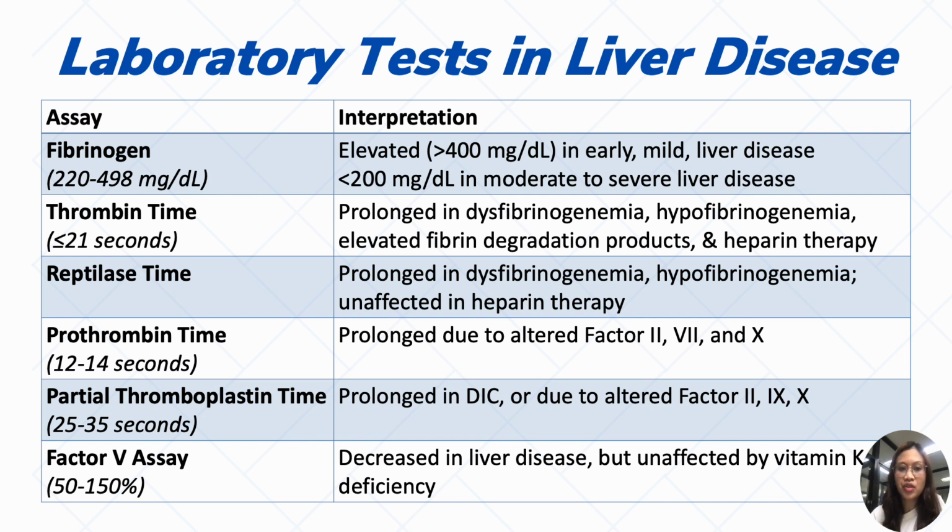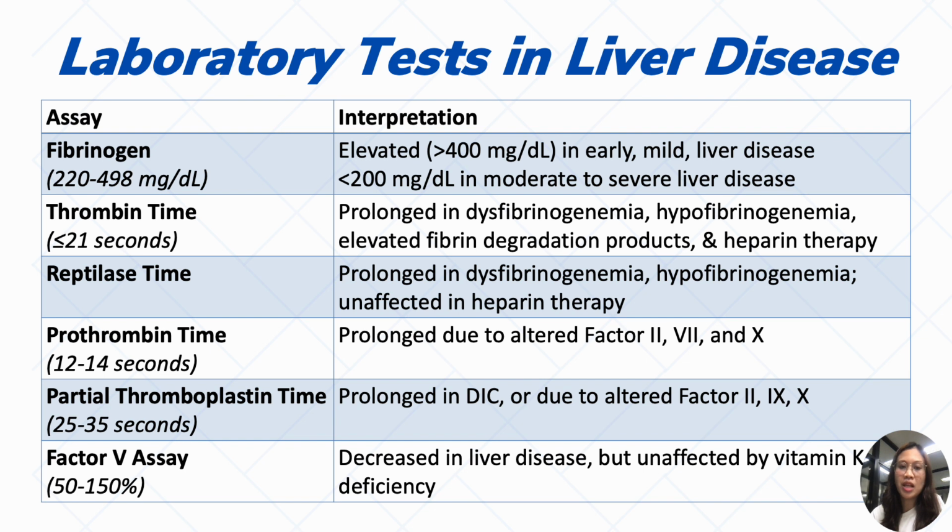Prothrombin time screens for extrinsic and common pathway coagulation factor deficiencies. In liver disease, it is useful especially in screening for vitamin K-dependent factors whose production is altered, such as factors 2, 7, and 10.